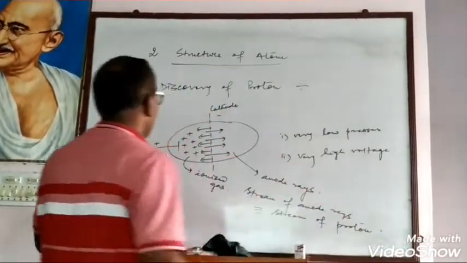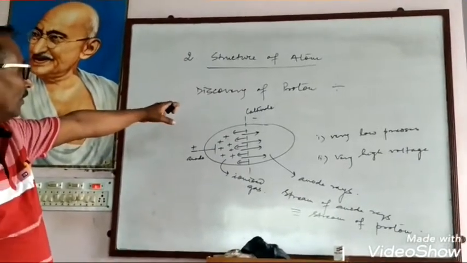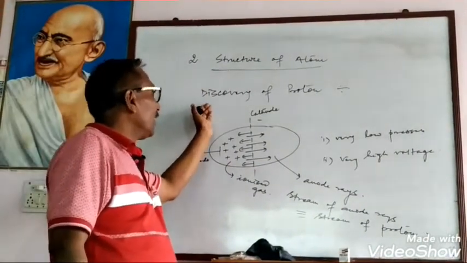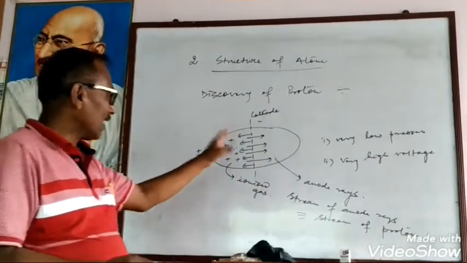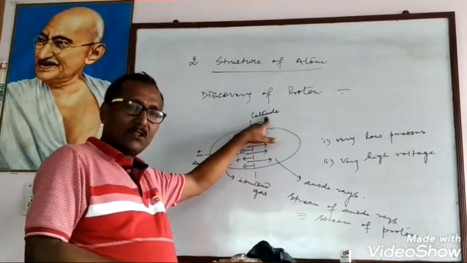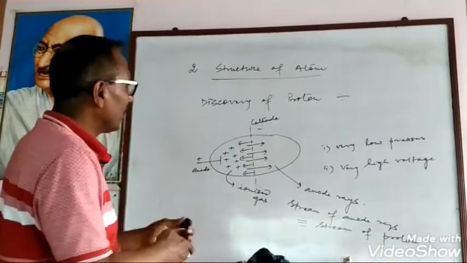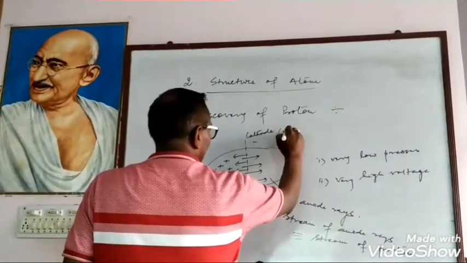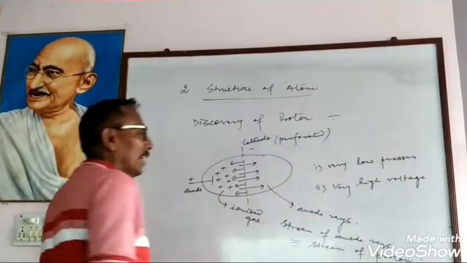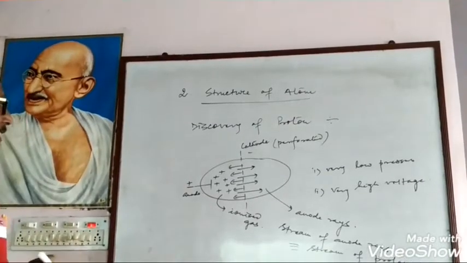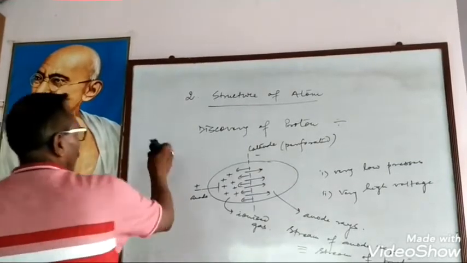So here, similar to the discovery of electron, here we have to discover the proton in the same discharge tube by making slight change in cathode. Earlier it was taken complete cathode, here is perforated cathode. Perforated means having small holes in it. So this is how to discover proton.